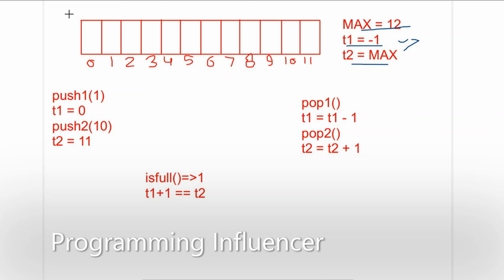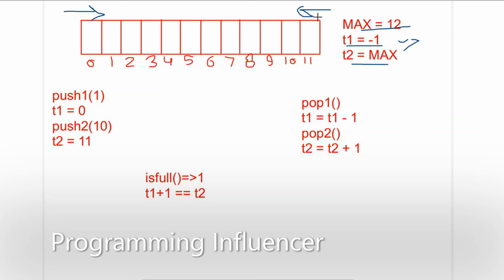Here in this case we will implement one stack from the leftmost side. From here we will implement stack 1, and we don't have any boundary of size. We will use the total max size, that is 12, and stack 2 will be implemented from the right. The first element will be pushed at the 11th position and so on.